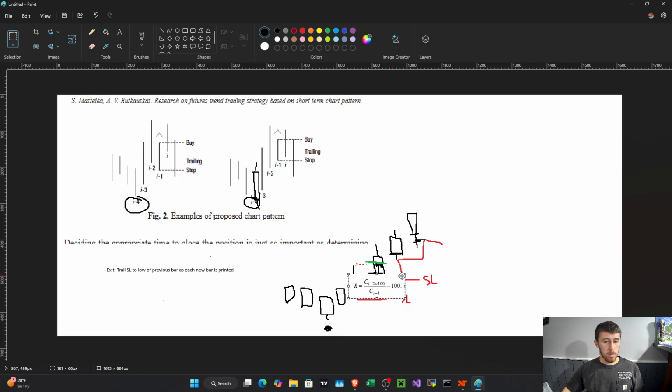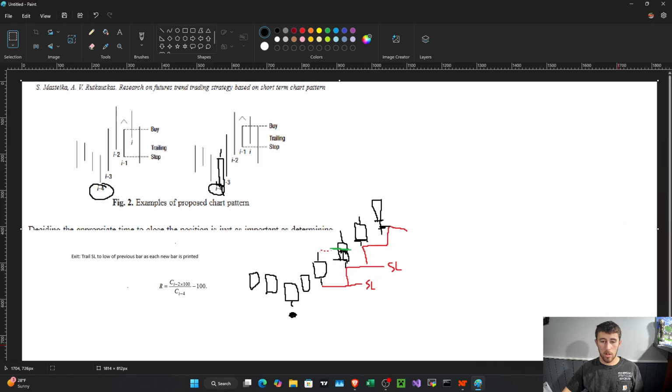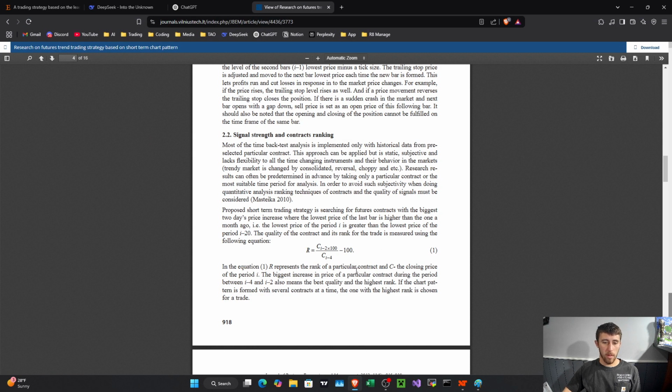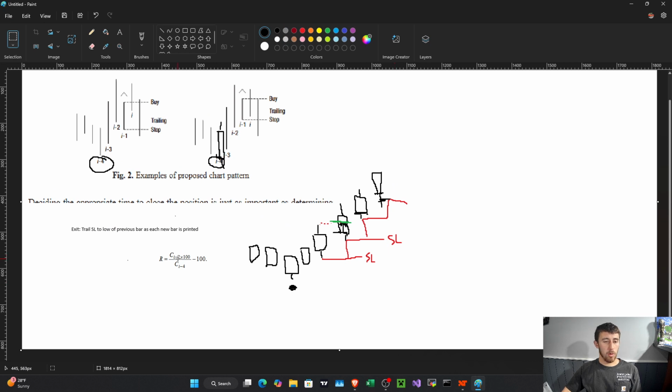All right, so we still have this entry signal, but to get the rank, we are going to take C. What is C? The close? Yes, C is the close. So we're going to take the close of I minus 2.